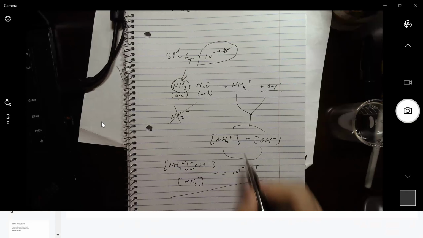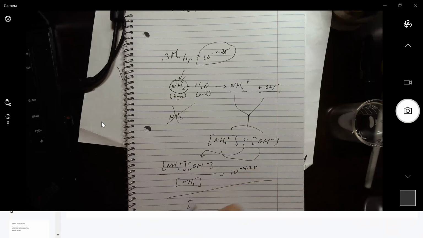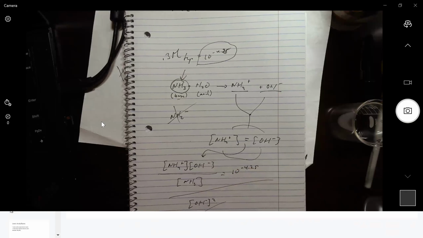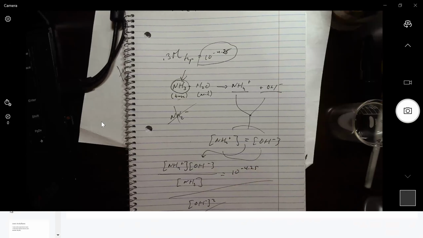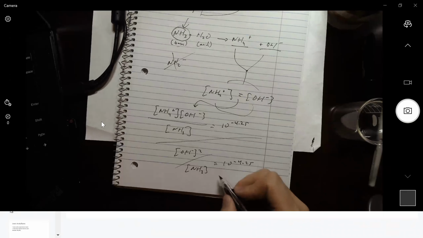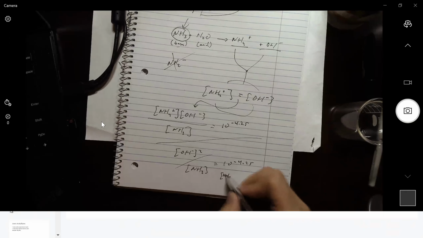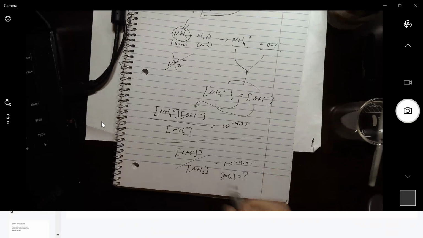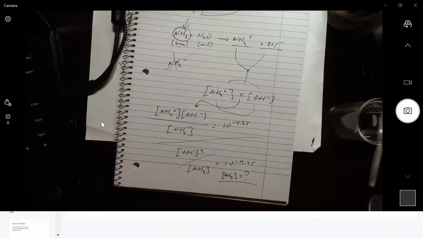But when we consider this, we get OH minus squared divided by NH3 equals 10 to the minus 4.25. And then what does NH3 equal? What does this equal? Great, 0.3 molar.